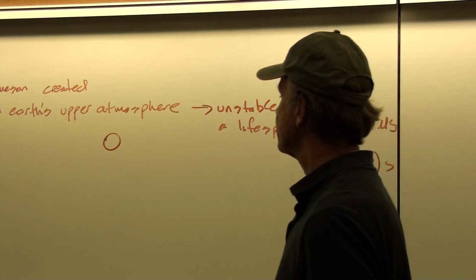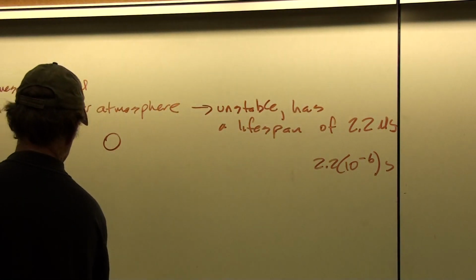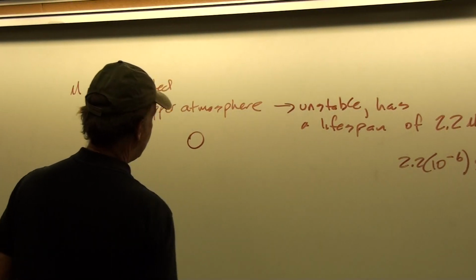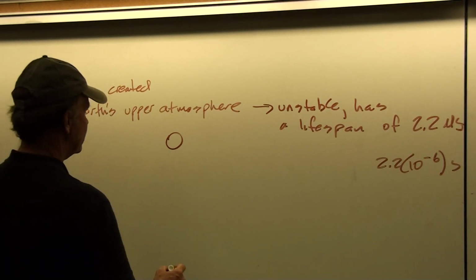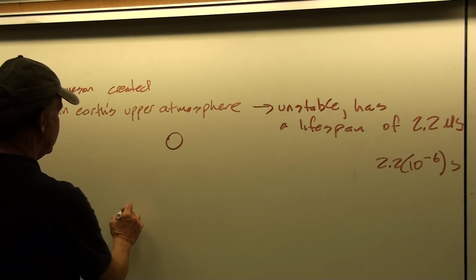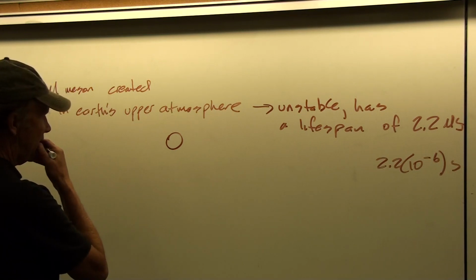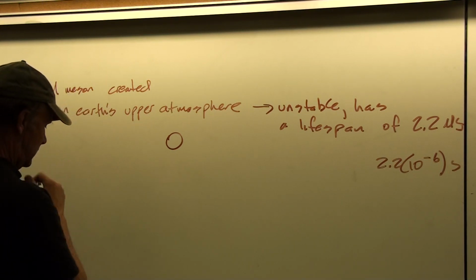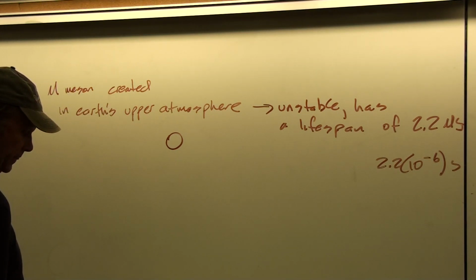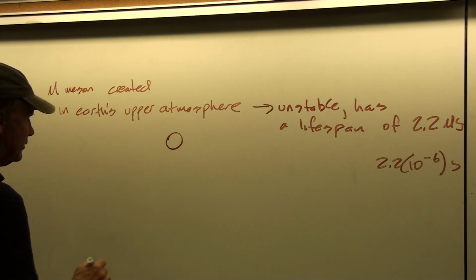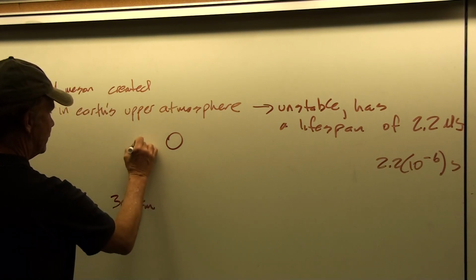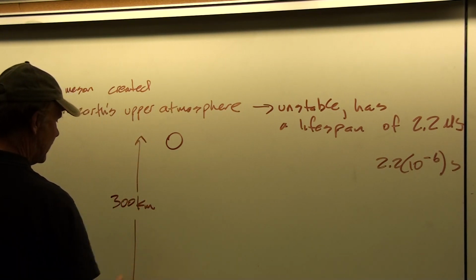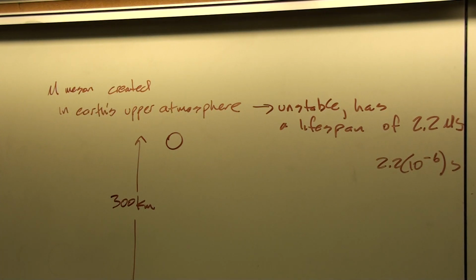And so here's the puzzle with this, is that it only lasts 2.2 microseconds, and the thickness of the Earth's atmosphere, say, is, well, let's say 200 miles, maybe 300 kilometers. That would be the thickness of the Earth's atmosphere that it would have to move through.